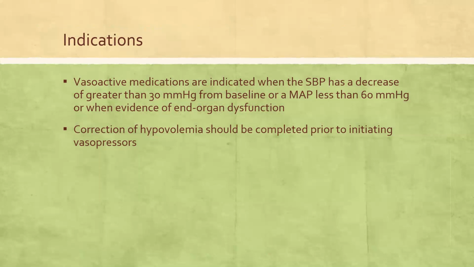So a mean arterial pressure less than 60 millimeters of mercury, and sometimes they say 65, so just keep an eye on that.